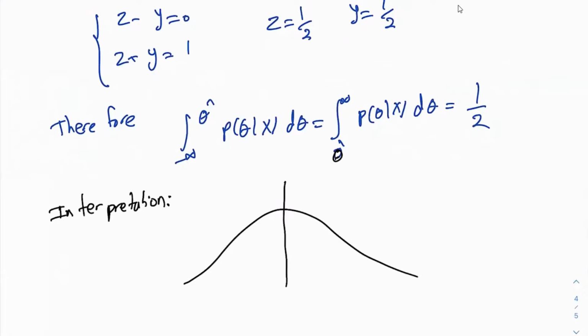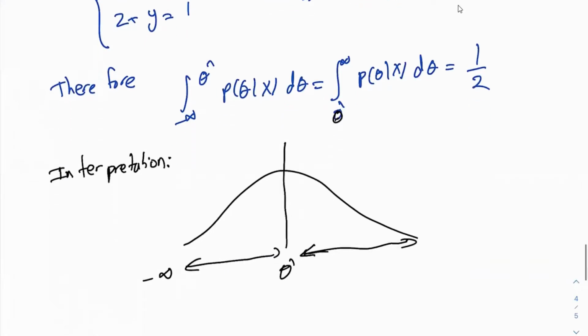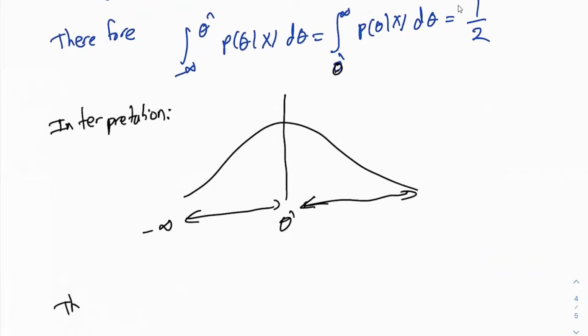From negative infinity to theta hat, the probability is 1/2. From theta hat to positive infinity, the probability is 1/2. Therefore, theta hat is the median of the posterior distribution.